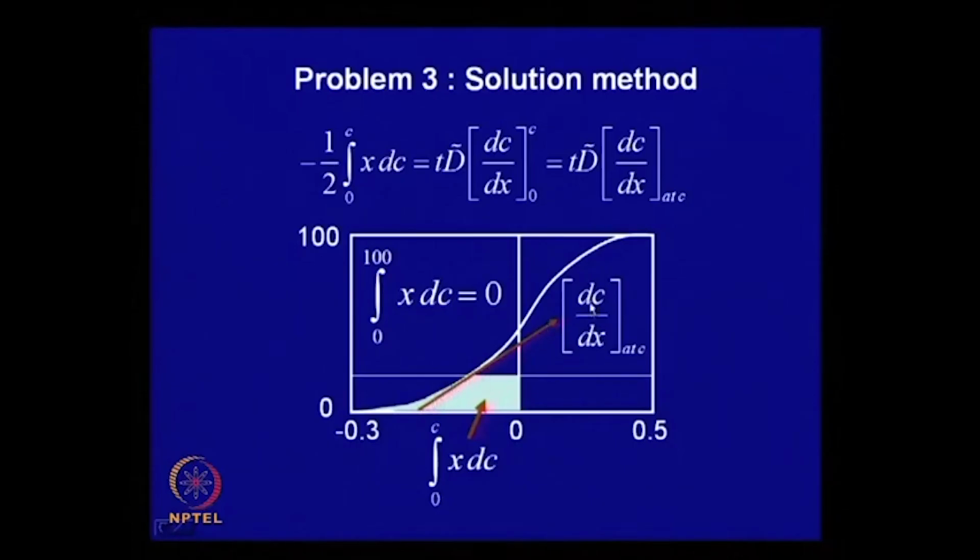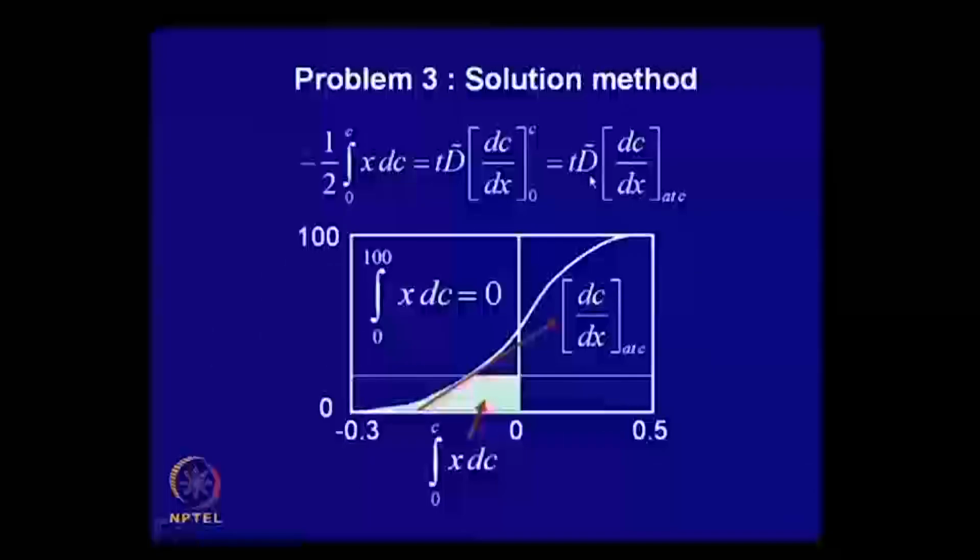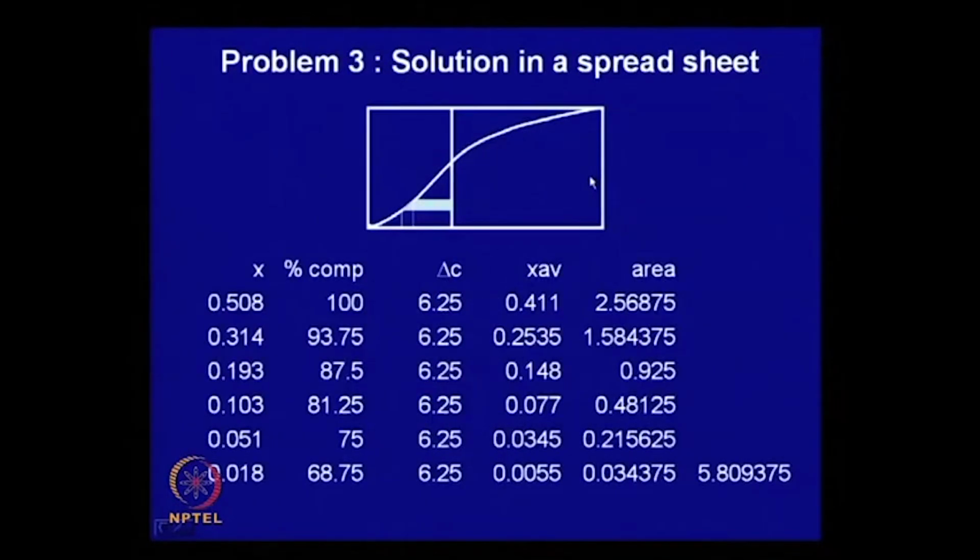Now, once you find out the slope at this concentration C, and the time t is known, so this part is known. Therefore, the interdiffusion coefficient can be estimated, and this solution can very easily be done in a spreadsheet, which is shown here.